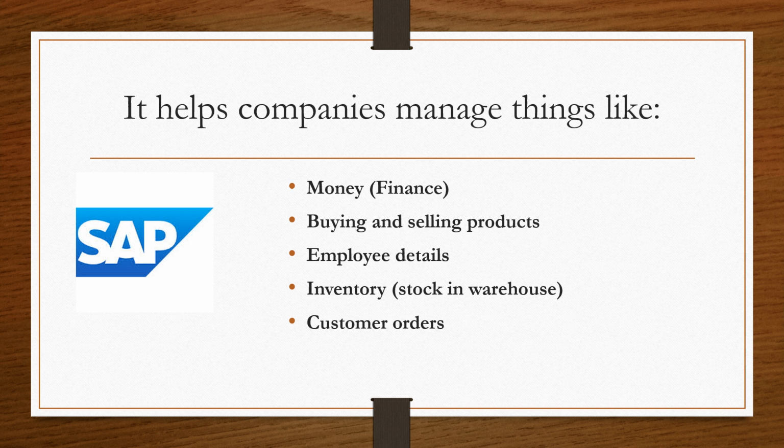Now second is buying and selling products. For buying and selling products, there is a whole logistics cycle from supplier to consumer. SAP covers each milestone of this process, from supplier to consumer, in its software.